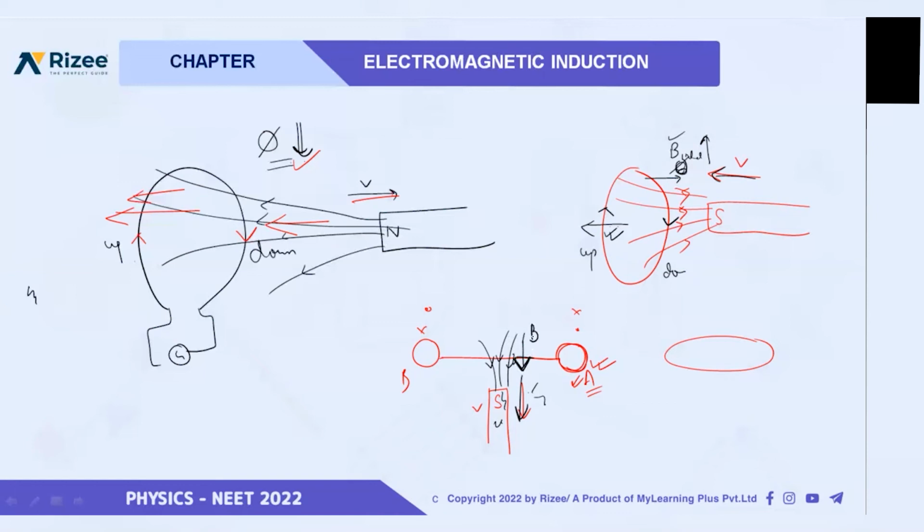So how will the current flow? I think here it will be dot and here it will be cross, so that the field is in this direction only, because it will try to support it.